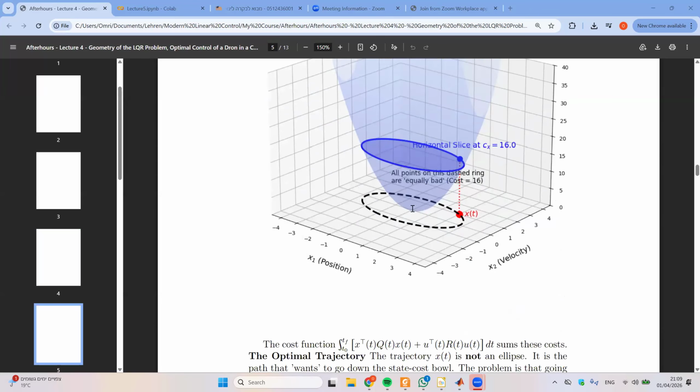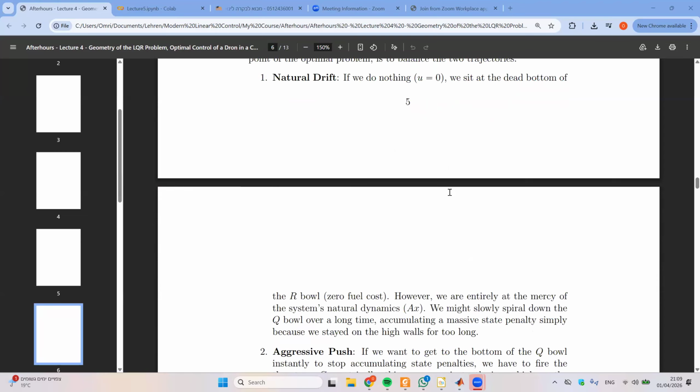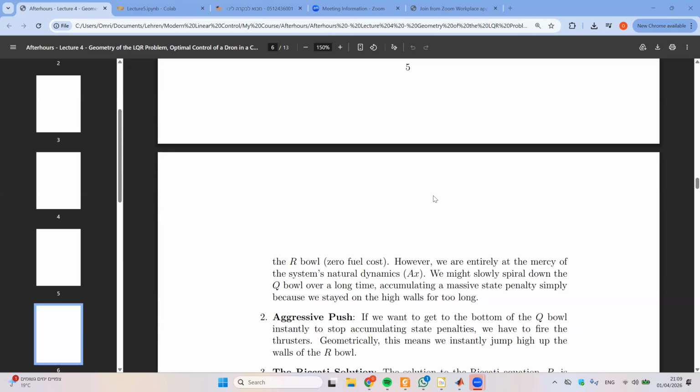So if we don't have any inputs, any control, if the system is not stable, the state will go to infinity. So the state will go up the state ball. Now, even if A is stable, so the system is stable, this means that the system asymptotically will go to 0.